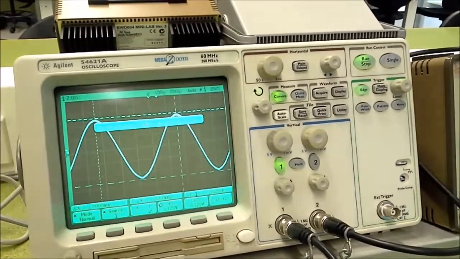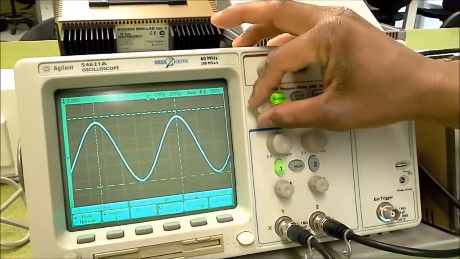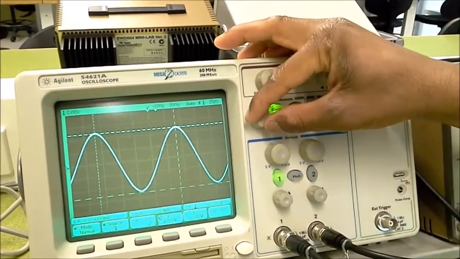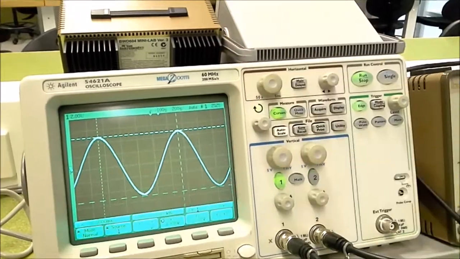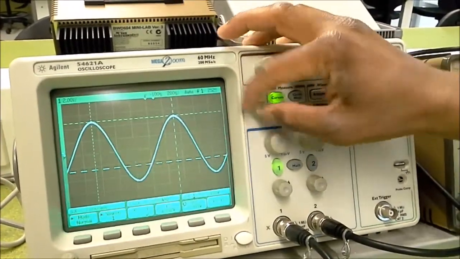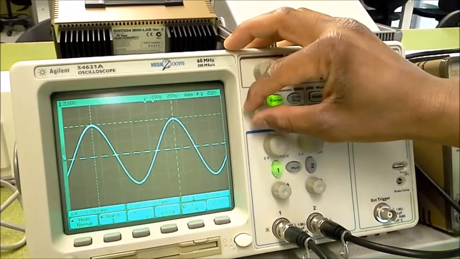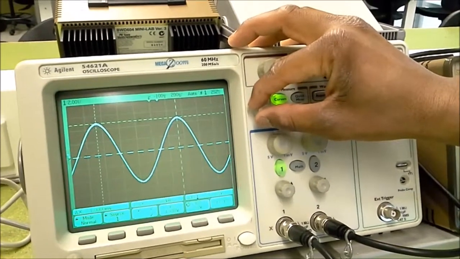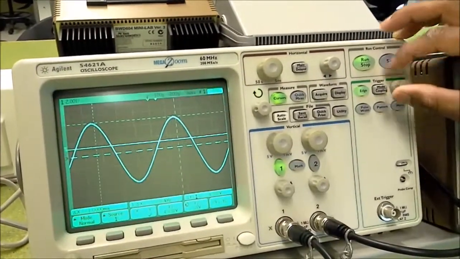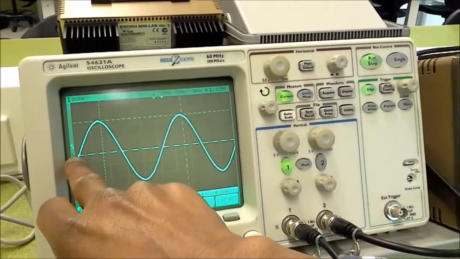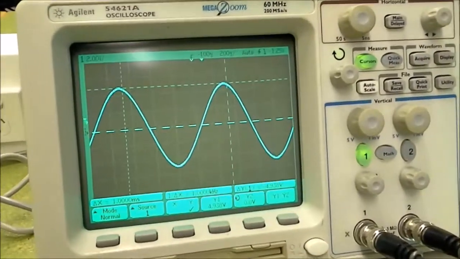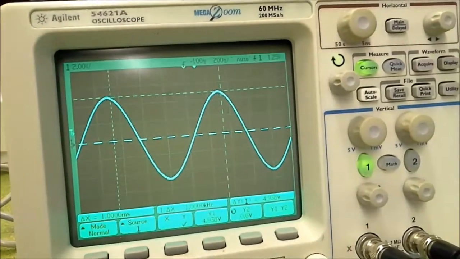So we move y1 to the peak of the voltage waveform, and we put y2 at the ground level. The ground level is indicated by that 1, which indicates the ground level for channel 1.